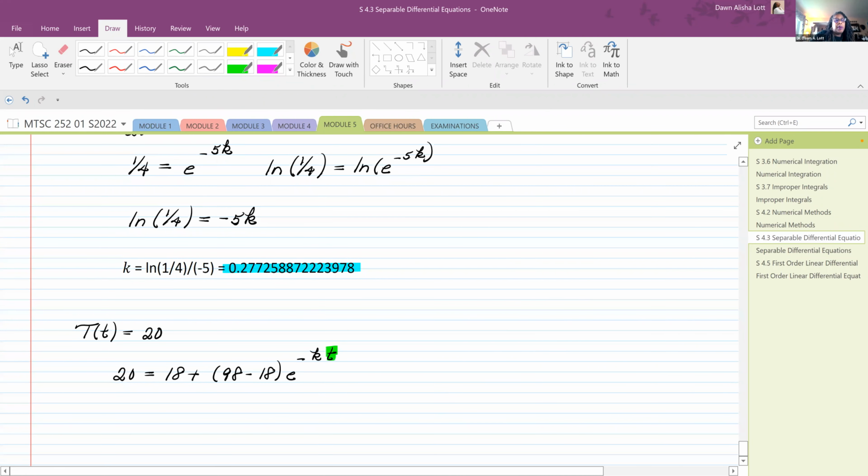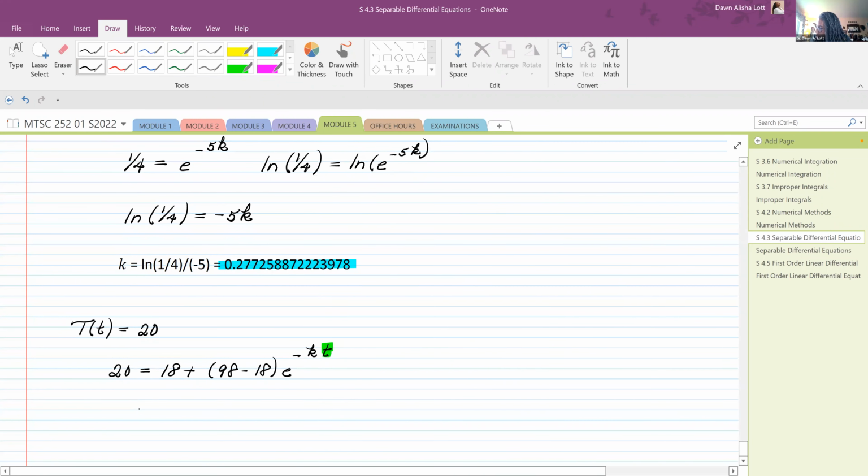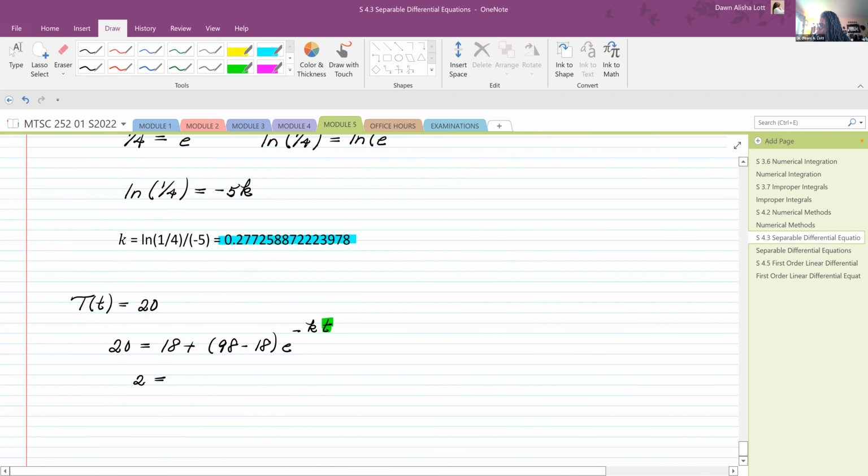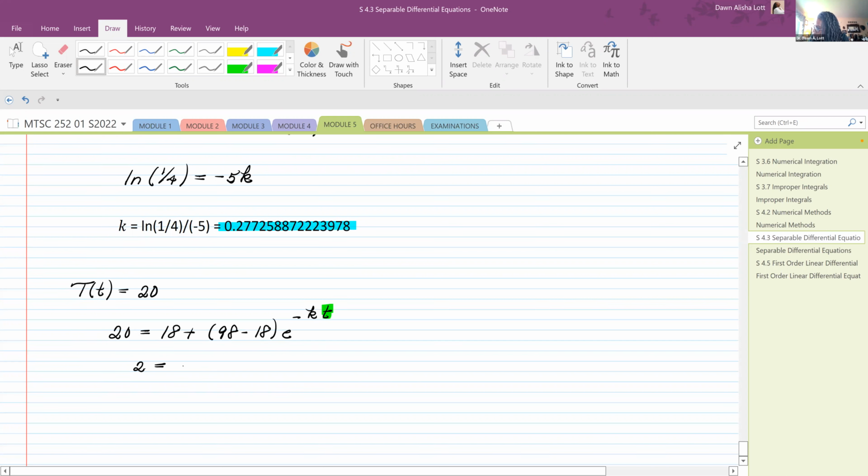So 20 minus 18 is 2. So 2 is equal to 80 e to the negative kt. So now I get 2 over 80, or 1 over 40, is equal to e to the negative kt.